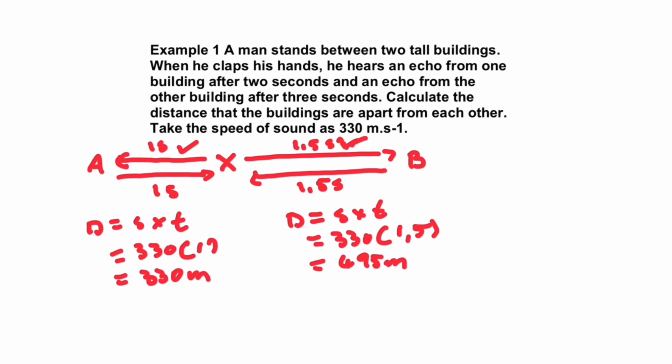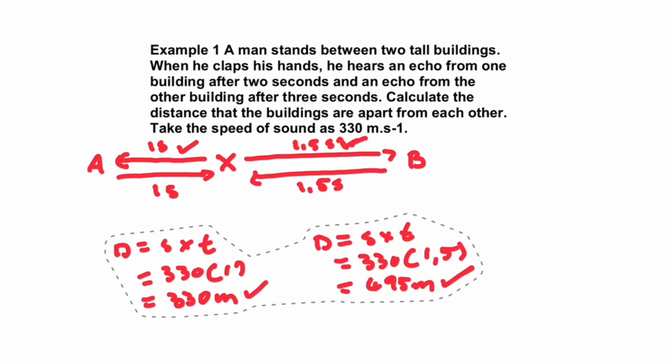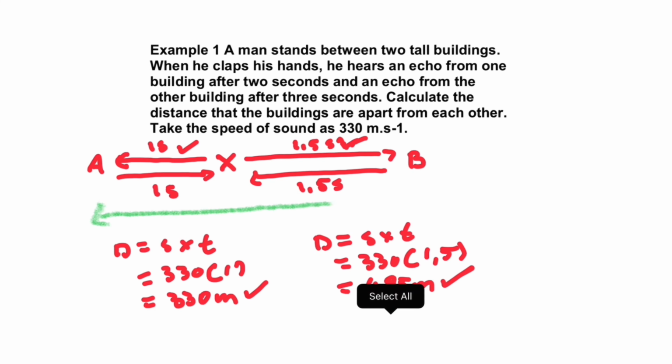We have the distance between the man and the first building, the distance between the man and the second building. But the question says that we must calculate the distance the two buildings are apart from each other. So this is what we are looking for. How are we gonna determine that?